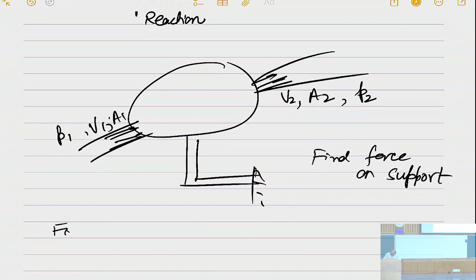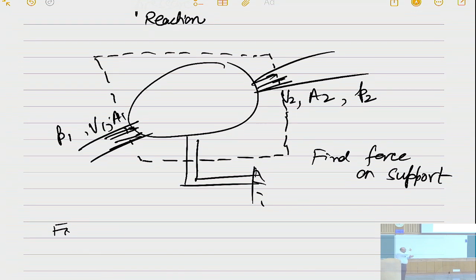What you do is, you choose a control volume which has any shape like this, and then it cuts the flow at an exit, and the cut which we will make will be perpendicular to the velocity, so that V dot n will be just V. Okay? And then we come here on this side, the control volume cuts here. So I have taken some arbitrary shape which is cutting.